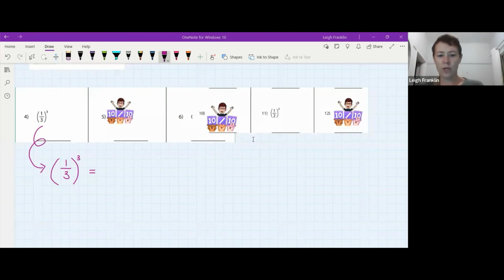So 1/3 cubed. I'm going to take someone in the chat. Let's see who's got a hand up. Okay, Devin, what does it mean? Devin, what does 1/3 to the power of 3 mean? I don't know, ma'am.